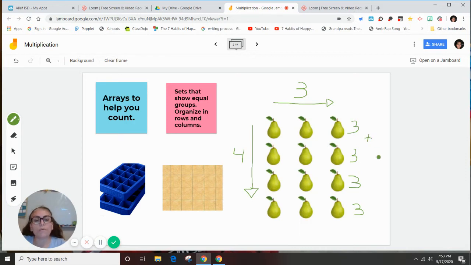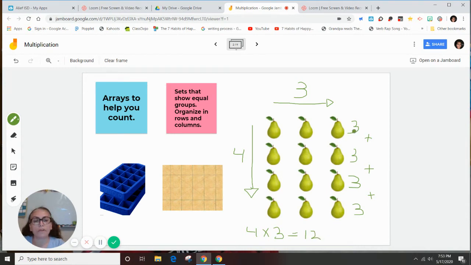What I'm doing is what we call repeated addition. That's all multiplication is, repeated addition. I'm going to repeat 1 group of 3, 2 groups of 3, 3 groups of 3, 4 groups of 3. The way that I would say it as a multiplication would be 4 groups, remember, the X means groups of 3 equals 12.